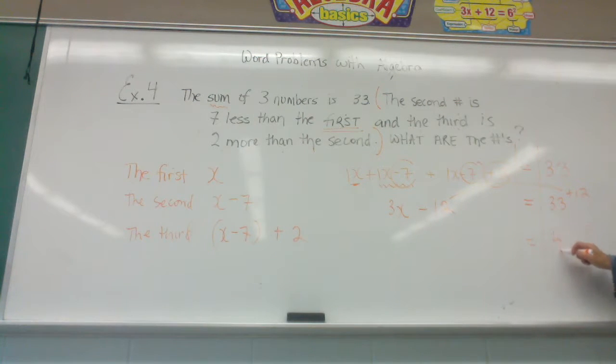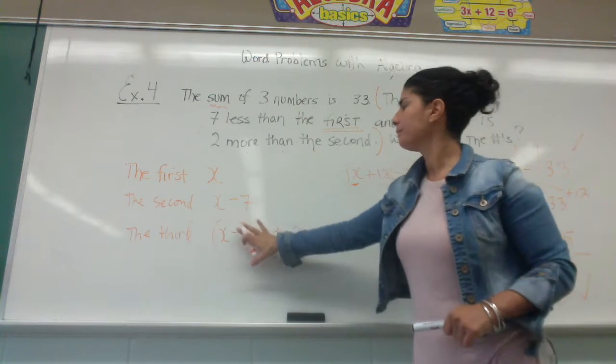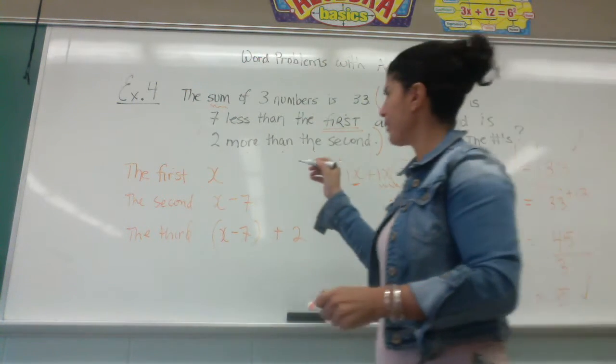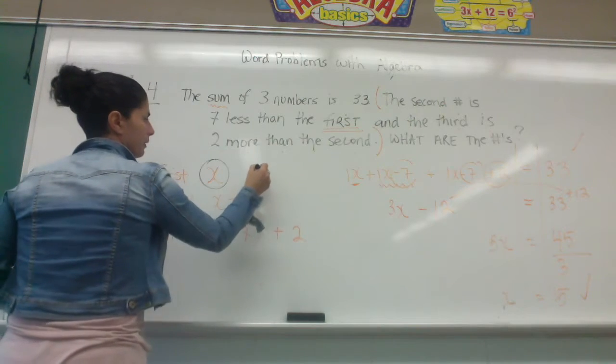Divided by 3, x is equal to... Now, that's your second mark, this is your third mark. I love correcting these because it's very straightforward what I look for. 1 mark, 2 marks, 3 marks, and your final answer saying that the first number is 15.